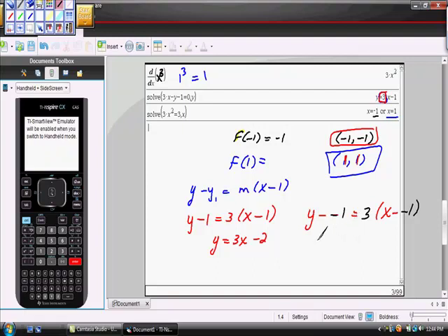And this comes out to be y plus 1 is equal to 3x plus 3. So it's y equals 3x plus 2 if we simplify. So here are our two equations.